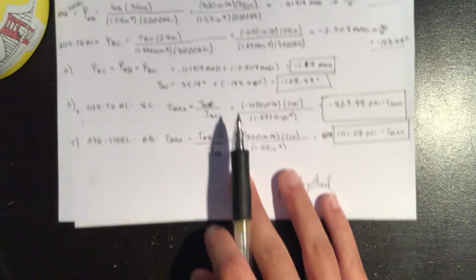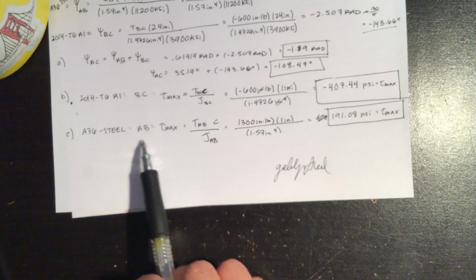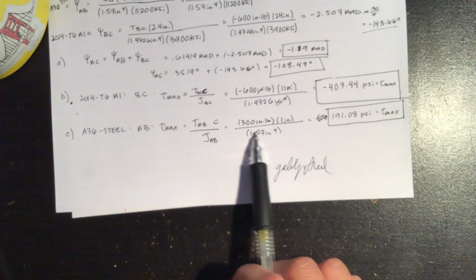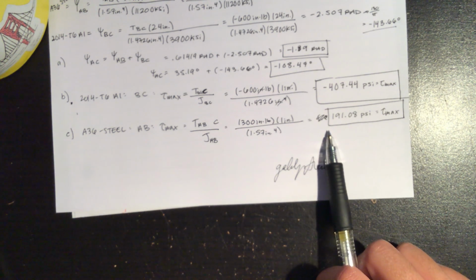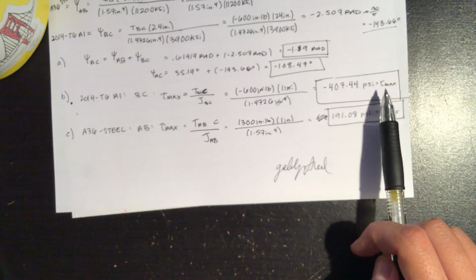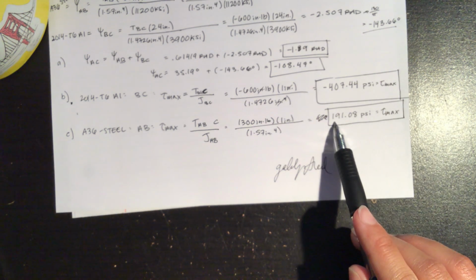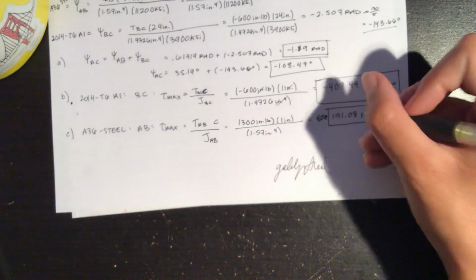Then we solved the same way for the steel, which is in section AB, and we got that the max shear stress is 191.08 psi.